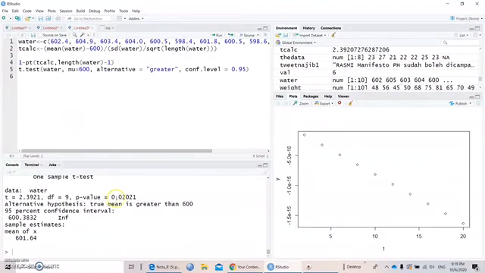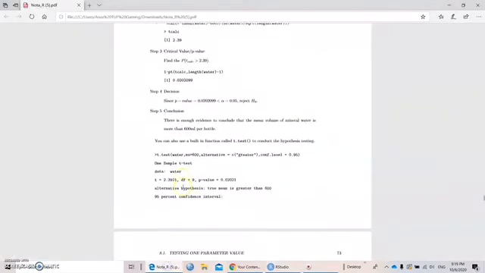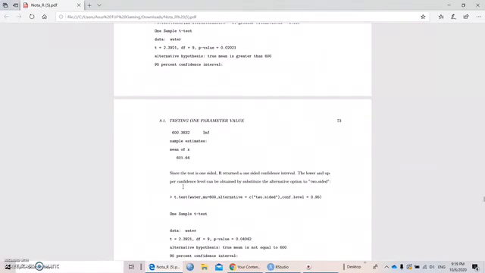0.02021, the test value 2.3921, the same interpretation. Since the test is one-sided, R will return a one-sided confidence interval. You can see here the 95% confidence interval returns only a one-sided interval.